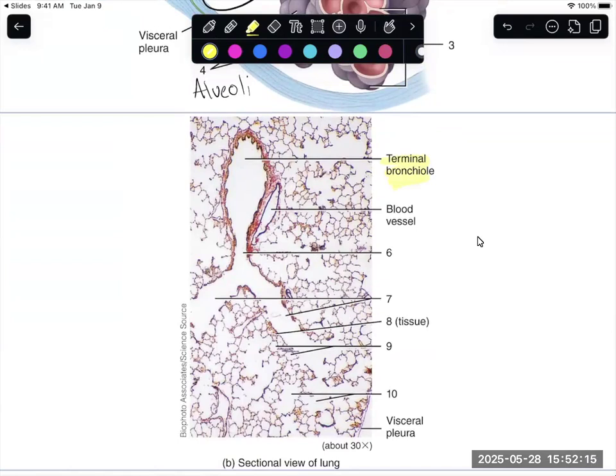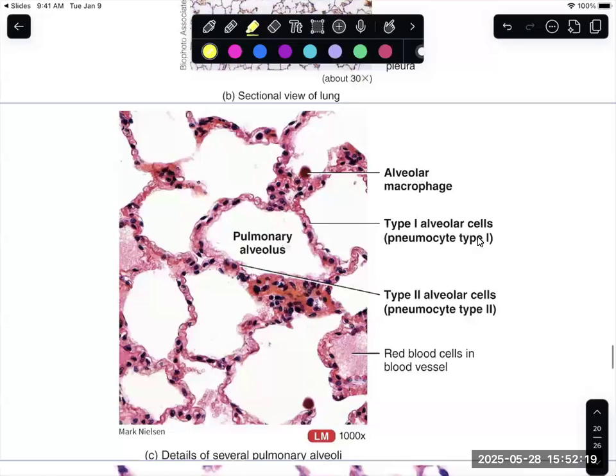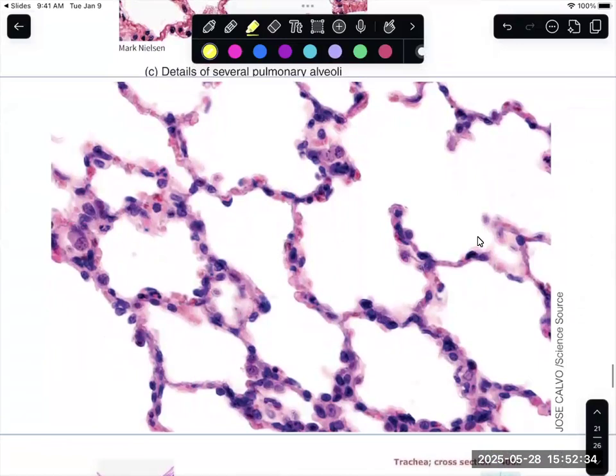You can see all of these little alveoli here. Here we can see, again, that alveoli. We don't need to be able to identify those type 1 and type 2 pneumocyte cells. I'm not going to ask you those. I don't think there's even a histology picture for this, but this shows a really nice image of these alveoli here.